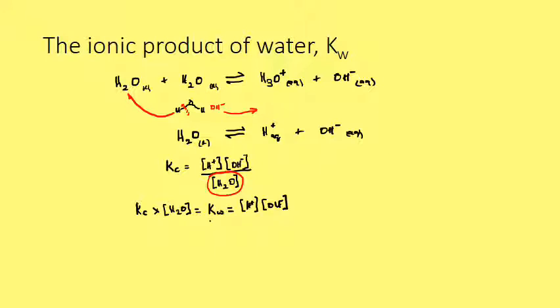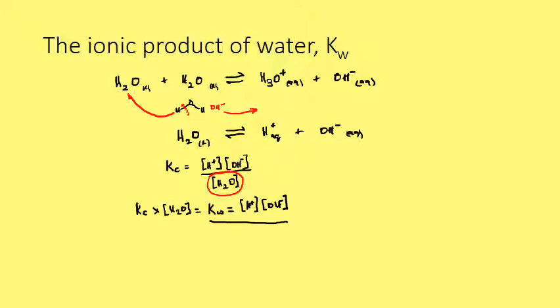So that is the expression for the ionic product of water. Kw, the ionic product of water, is the hydrogen ion concentration times the hydroxide ion concentration. And that's going to be true at any particular temperature. If you change the temperature, you're actually going to change the amount of dissociation in the water molecules, and so the ionic product will change. But that's constant at a constant temperature.